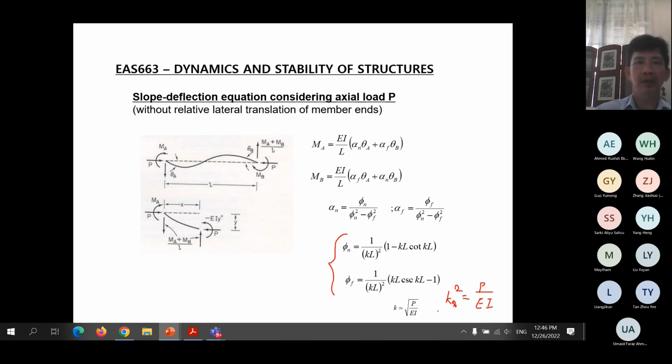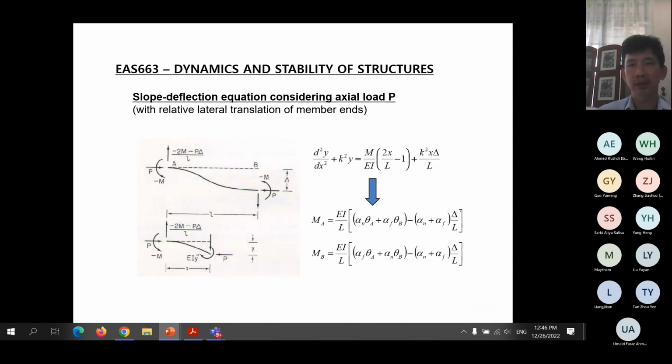Then this is for the case without relative end translations. When there are end translations, extra terms appear, which is this. Okay. When we have end translations, it causes additional end moment.